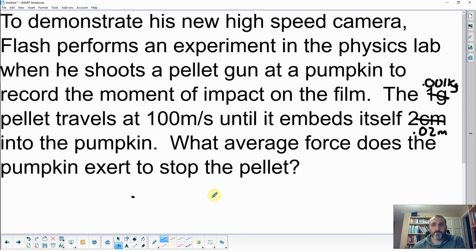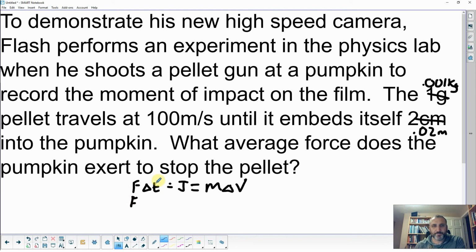So, what are we going to do? We are looking for the average force, and the only equation we have to get force is F delta T, which equals impulse. But impulse is also the change in momentum, M delta V. So the force we can find if we know the time, which we do, or can we figure that out?